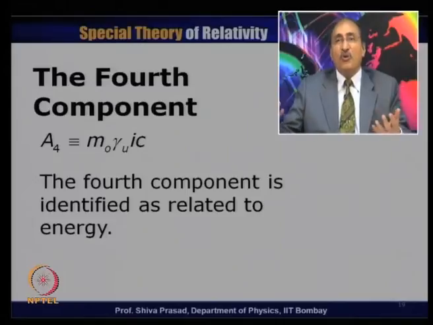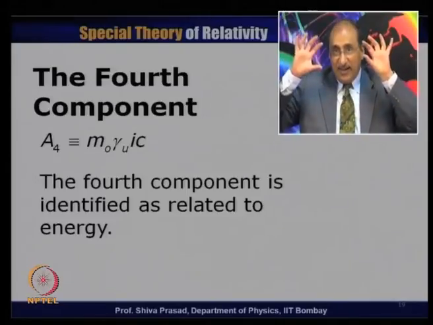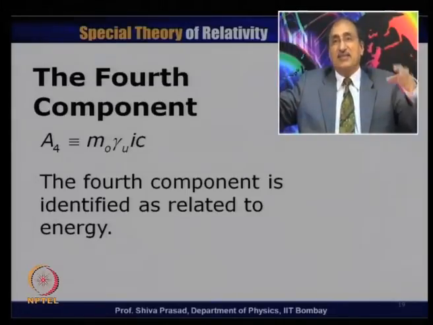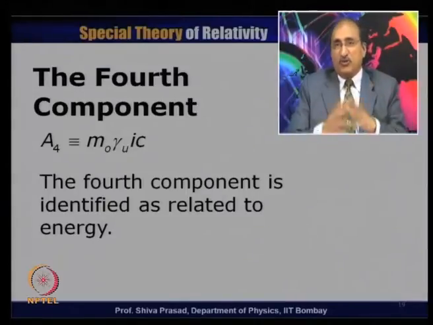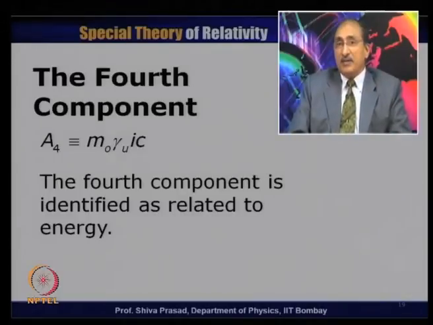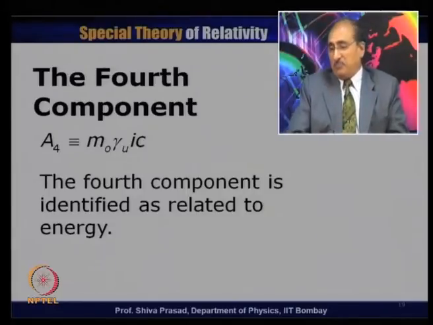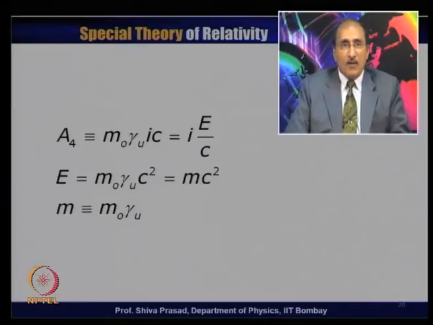That was the main role of Einstein, to realize this particular component as the fourth component. Of course, historically that may not be the case, because the concept of 4-vector probably came much later. Einstein probably had a different way of looking into this new definition of energy, but now we can talk in this particular term. Energy must have the dimension of energy, obviously, and we realize that mass into velocity squared has the dimension of energy.